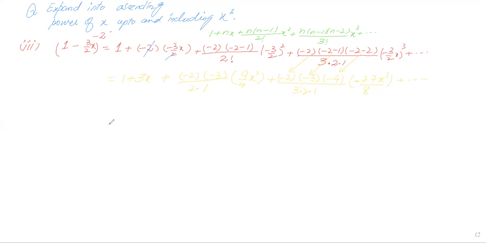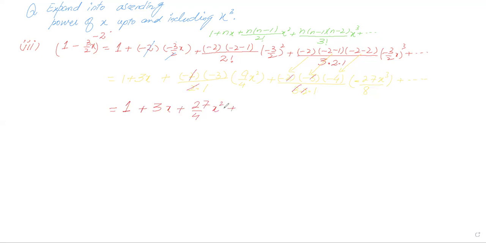Now we have to simplify. As I said, always you have to use the calculator, just like this one. 2 is cancelled by this one, 3 is cancelled by this one, 2 is cancelled by this one. So what will you get? 1 as it is, plus as it is, 3x as it is, plus, minus into minus becomes plus. It becomes 9 3s are 27 by 4x square.